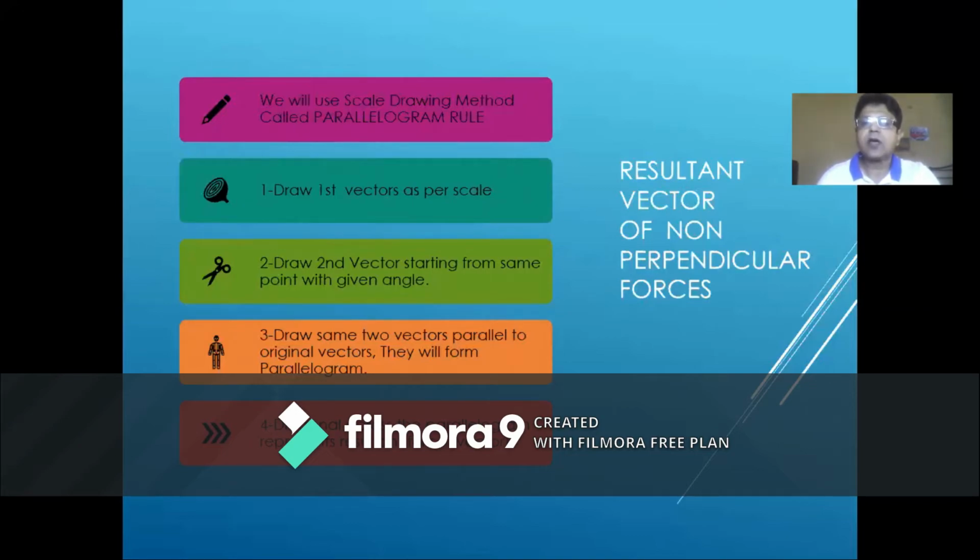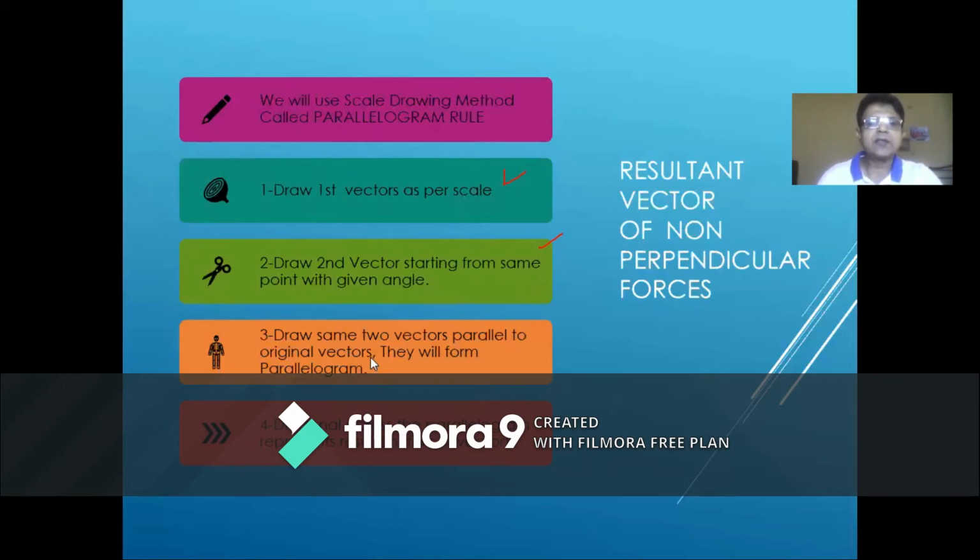The resultant vector of non-perpendicular forces can be calculated like this. First, we will draw a first vector as per scale. We will select a scale as per the given value. Second, I will draw a second vector starting from the same point with the given angle, which we will do in the next slides.